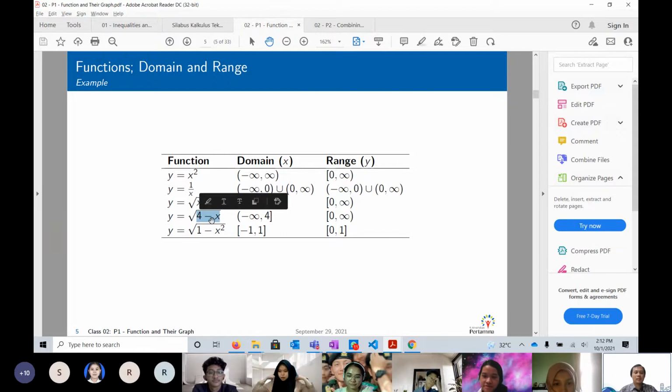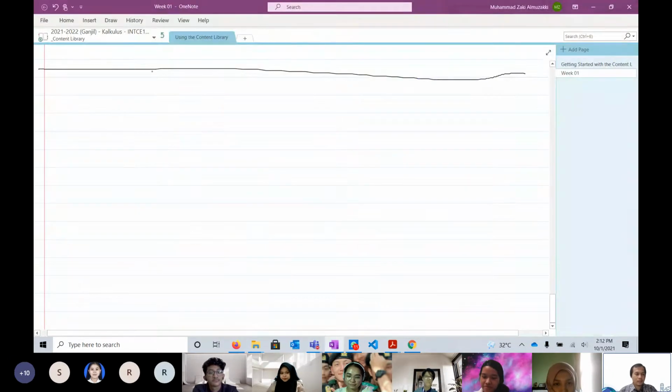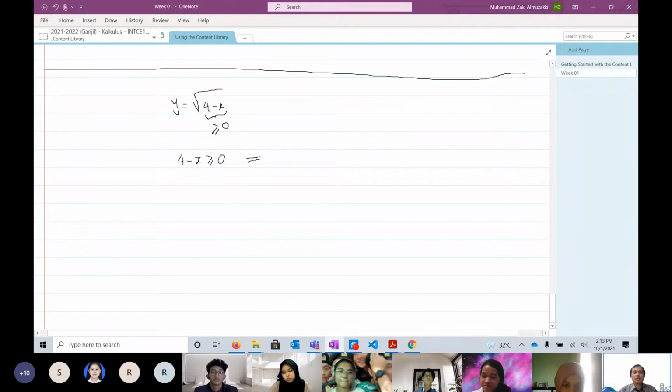So what is inside must be greater than or equal to 0, meaning that we have 4 minus x greater than or equal to 0, or x less than or equal to 4.